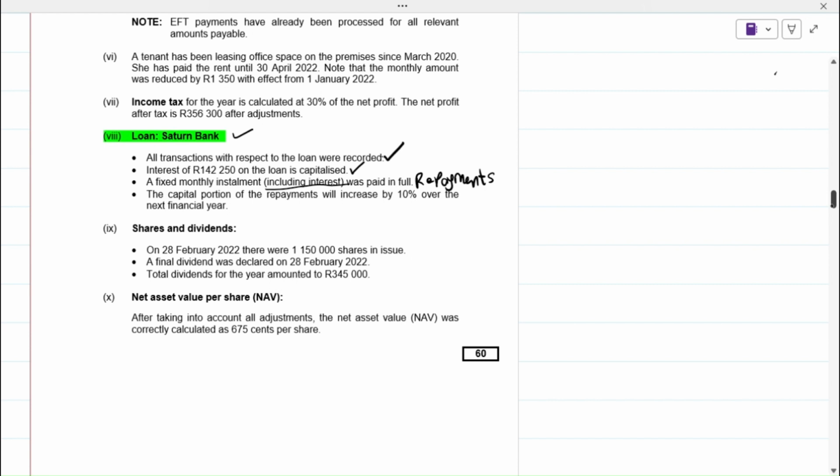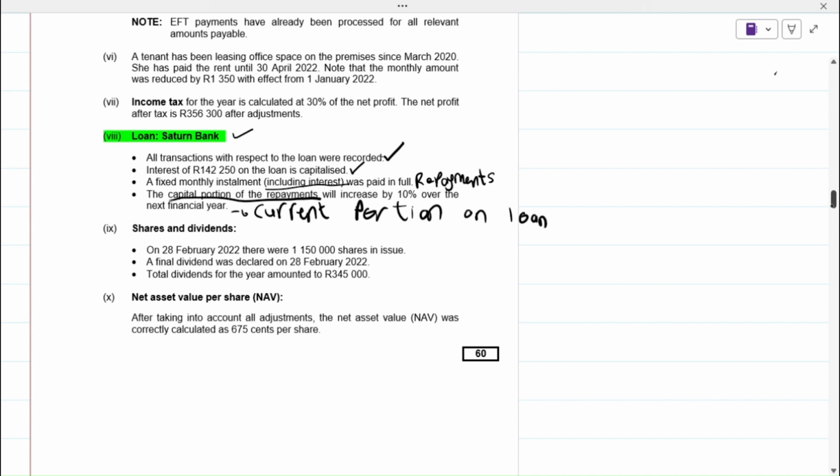And then lastly, they say the capital portion of repayments will increase by 10% over the next financial year. So now the capital portion of repayments, now this is my current portion on loan. Okay, but I'm gonna deal with this at the end, right?